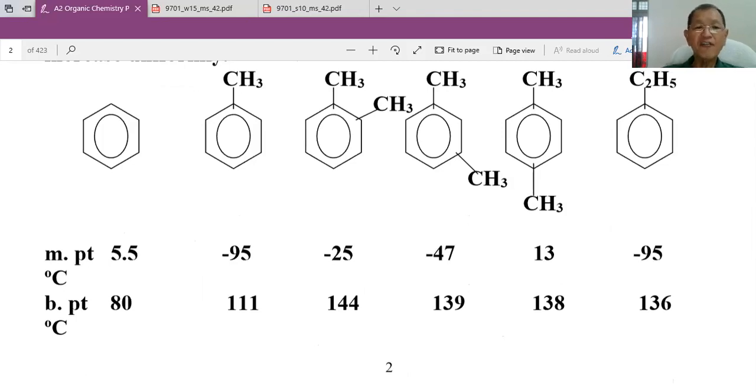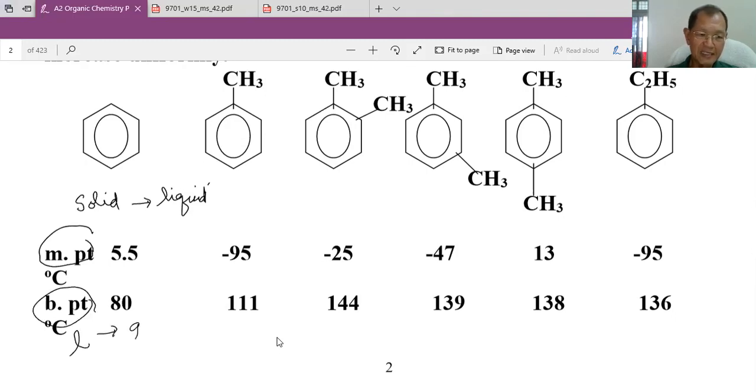It's quite interesting to see. Of course, melting point means, you know what melting point is? The temperature when you change from what? Solid to what? To liquid. Okay, so this is the melting point. Boiling point is from liquid to gas.